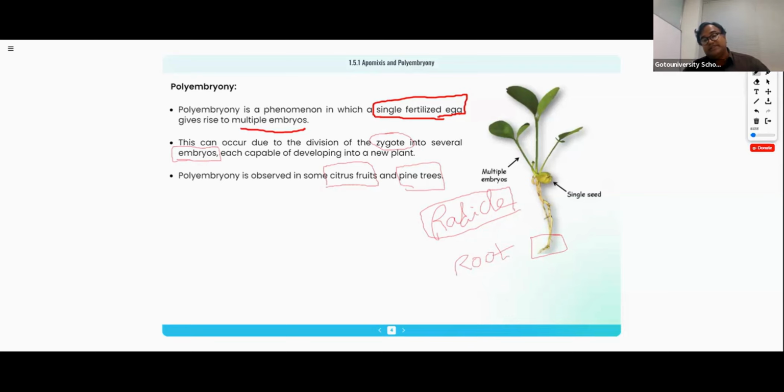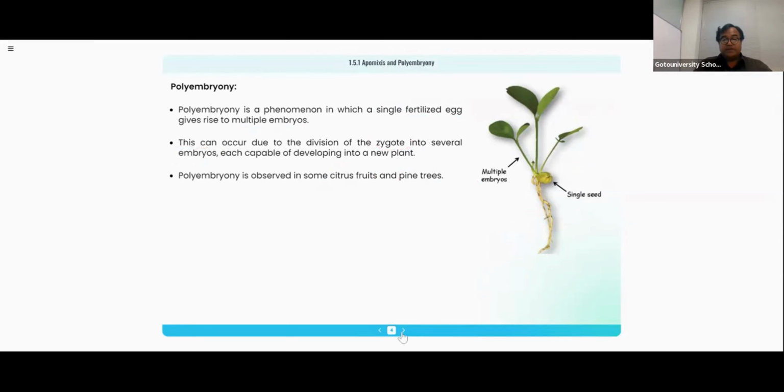The shoot arises from the plumule, and the plumule has many mother cells for making the shoot system. So the root is formed from the radicle and the shoot from the plumule. Like this we need to understand in detail. If any one of you has any doubt, please let me know. I'm here to help you.